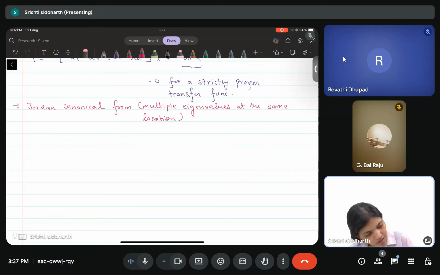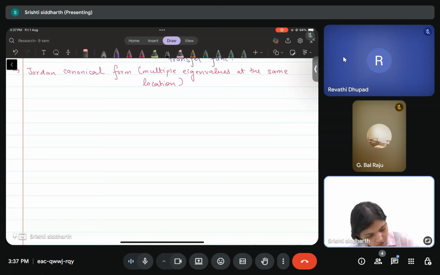Okay. So let's just rewrite the transfer function. The numerator is the same: b0 s to the power n, b1 s to the power n minus 1 till bn.